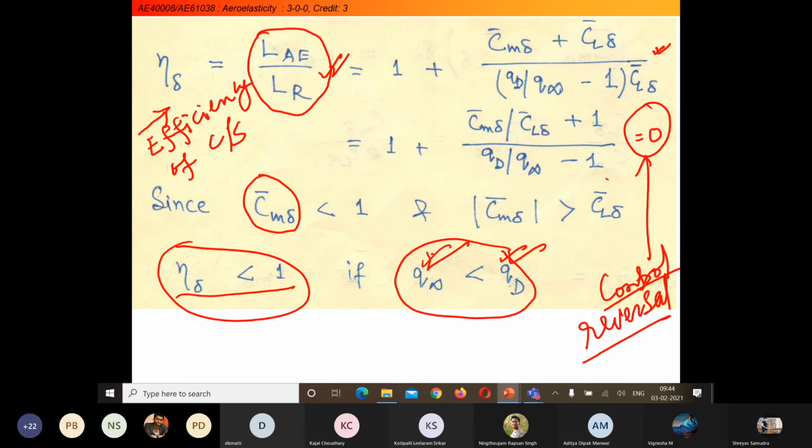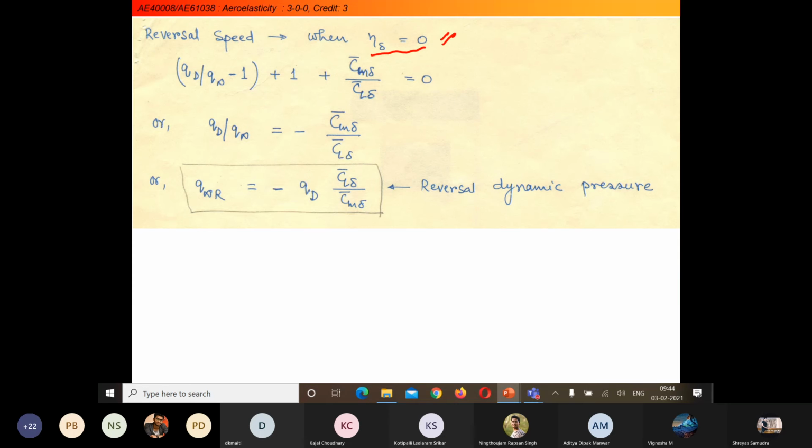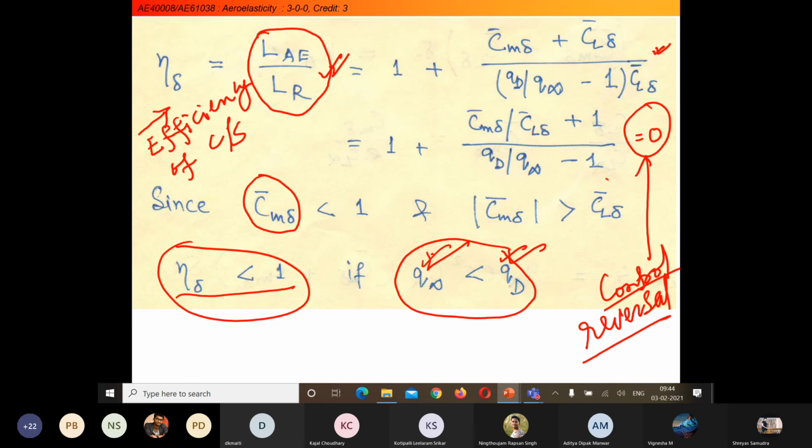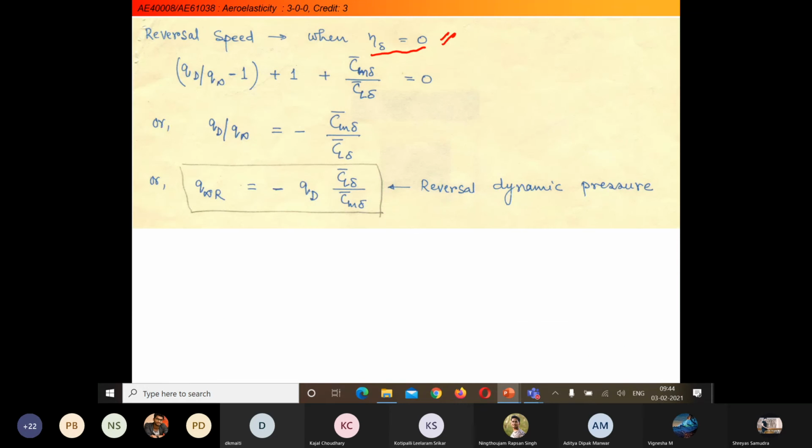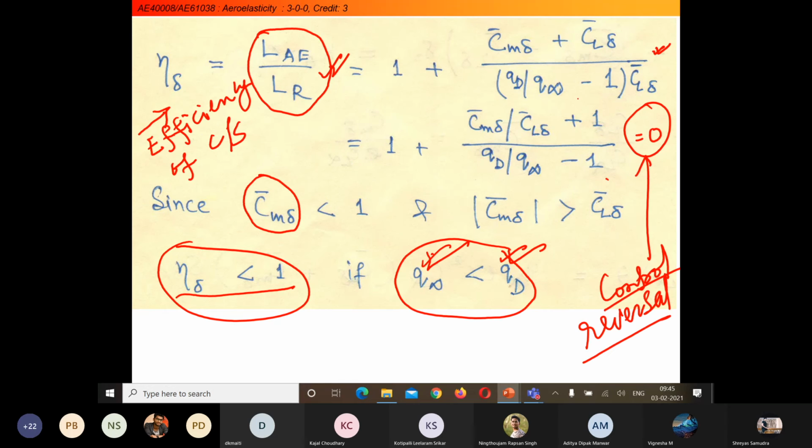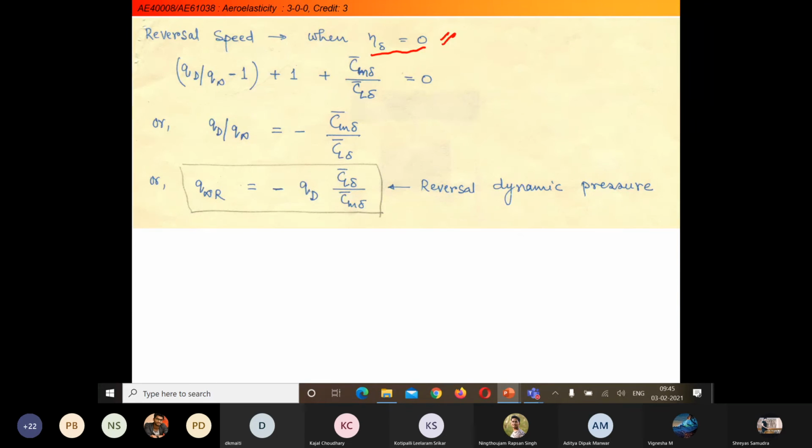That is the expression I have considered here. So taking this equal to 0, in this expression, Qd by Q infinity minus 1 plus 1, plus Cm delta bar by Cl delta bar, this is equal to 0.